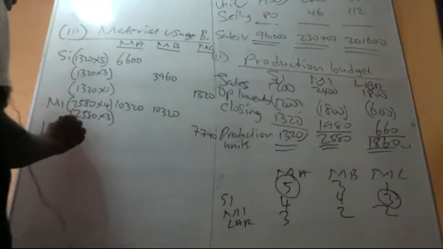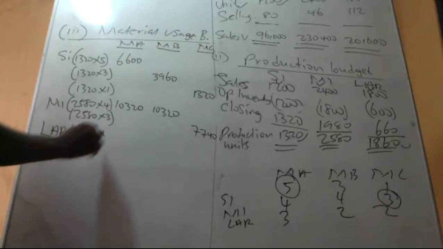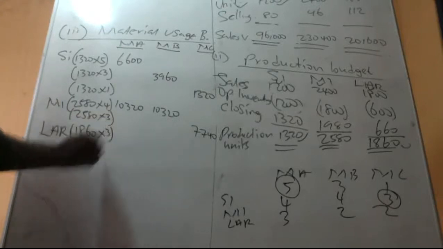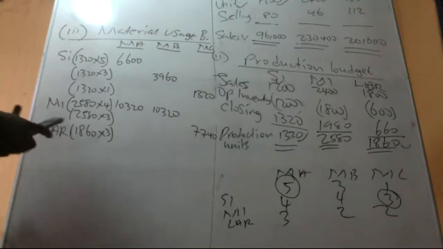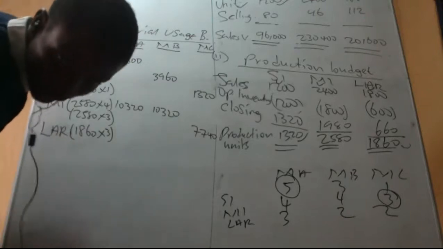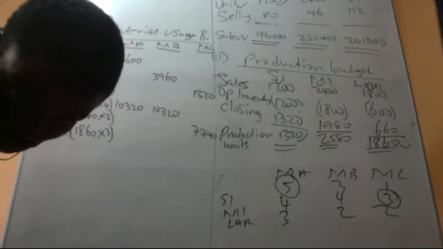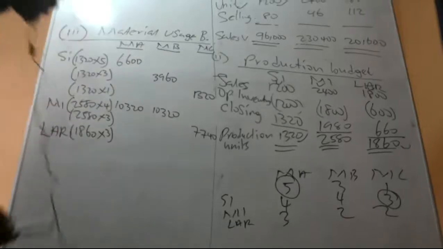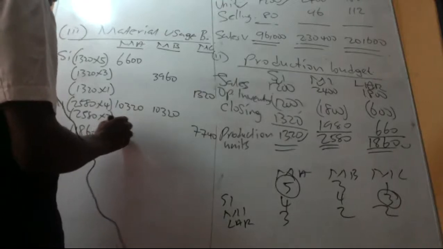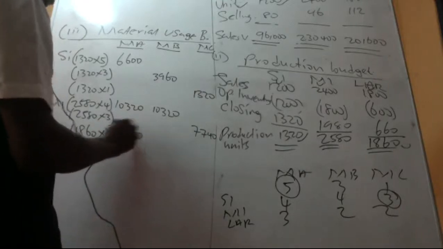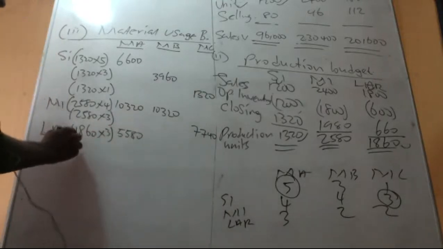1,860. So 1,860 by 3 will give us 5580. So 5580 will be the first one. Now let's move on.